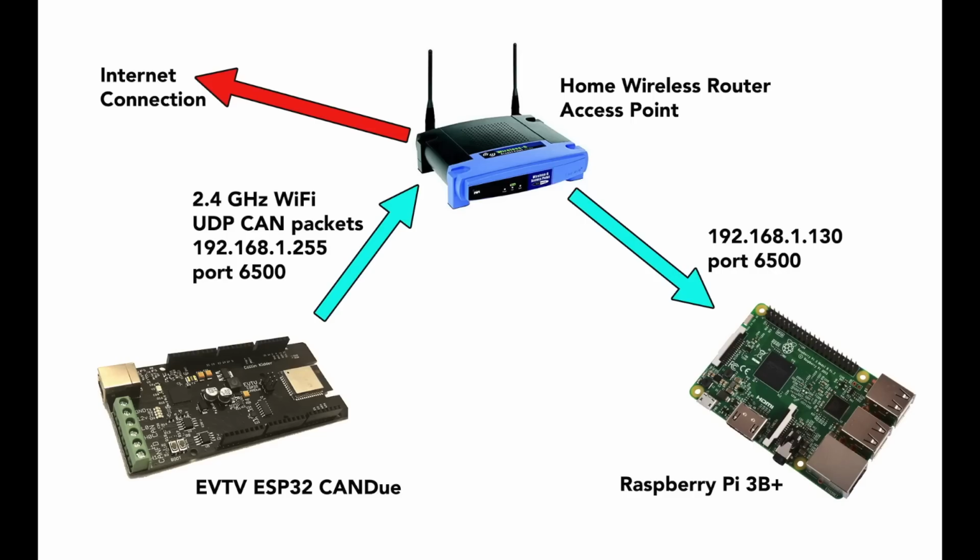And so, because I have a connection to the access point with the ESP32, which does have wireless capability, I can simply blast my CAN packets that I'm sending out the CAN port anyway, as a wireless UDP, user datagram protocol, packet on port 6500 and the broadcast address .255.